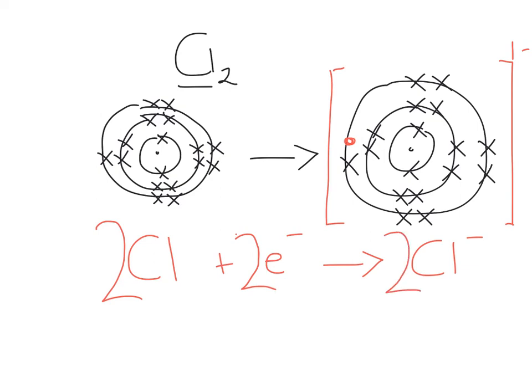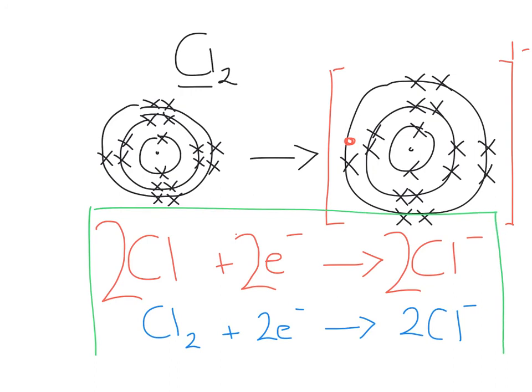Now I could show it like this: the diatomic molecule of chlorine, Cl2, gaining 2 electrons to form 2 chloride ions. Now I'd like you to write these examples into the top of page 87.